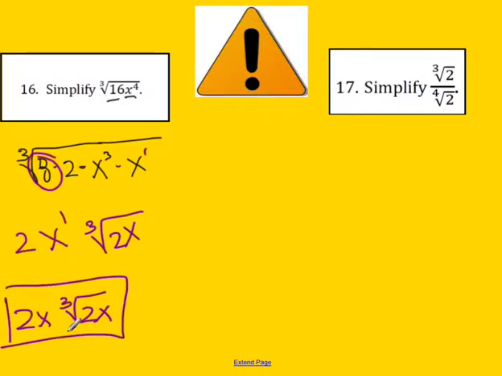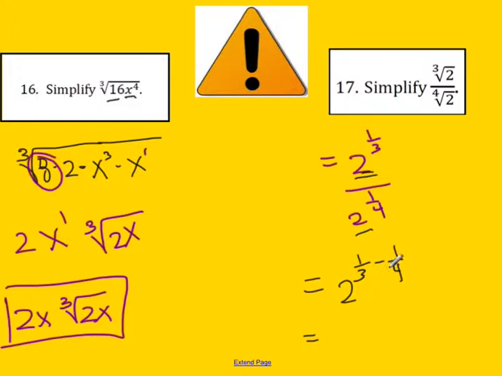Example 17. Okay, we want to simplify this. First thing that I would do is rewrite it with fractions. So it's really 2 to the 1/3 power over 2 to the 1/4. My bases are both 2, so I can go ahead and say, well, it's 2 to the 1/3 minus 1/4.